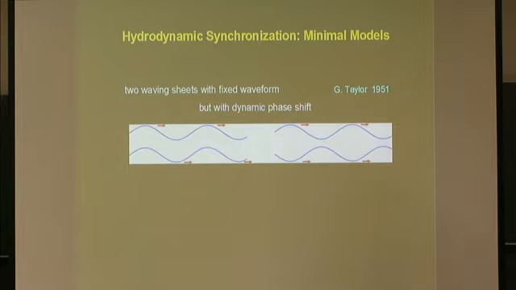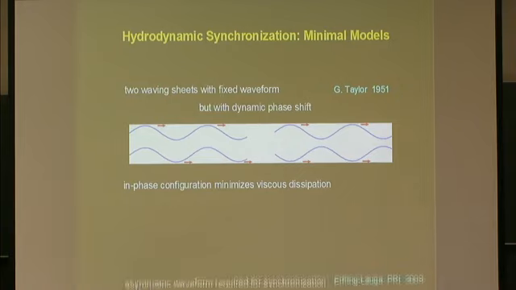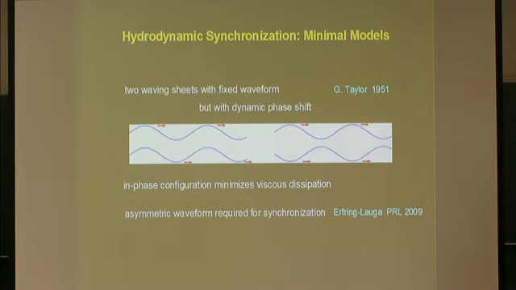And what he showed is that if the phase difference between the two flagella is 0, or in phase, then they minimize the viscous dissipation. And he assumed a sinusoidal waveform. Recently, this was extended by Elfring and Lauga, and they showed that asymmetric waveform is required for dynamic synchronization.